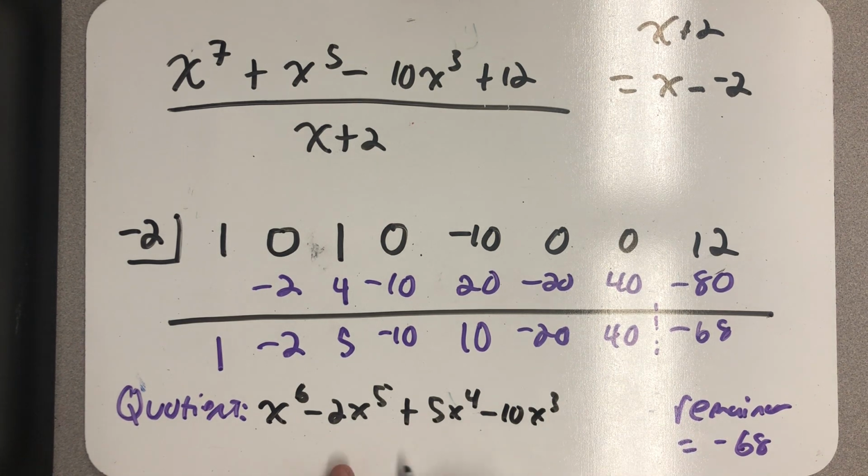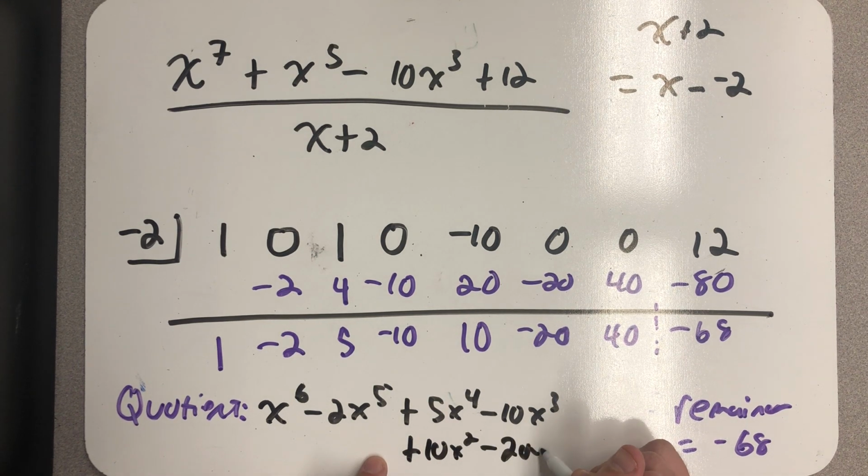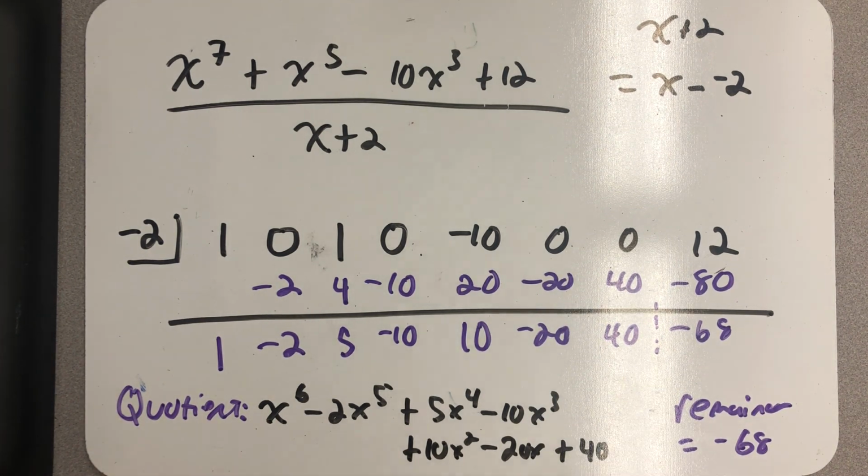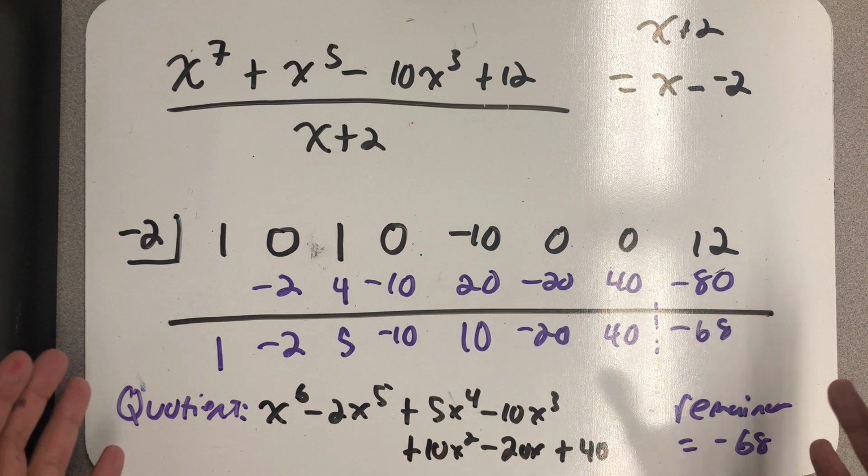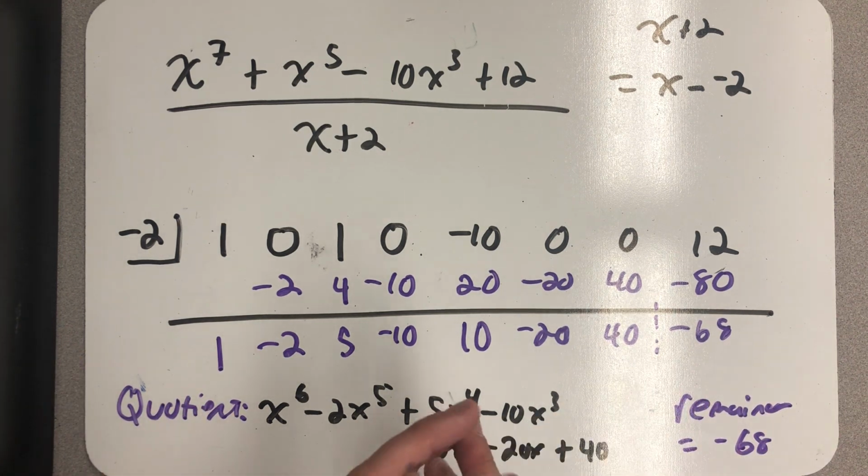I'm running out of room, so I'm going to sneak things in down here. And there's my quotient and my remainder through synthetic division. If you were to do this through long division, you'd get the same answer, but it would be a much longer process. Again, synthetic division gives me a very nice way of doing this division very quickly.